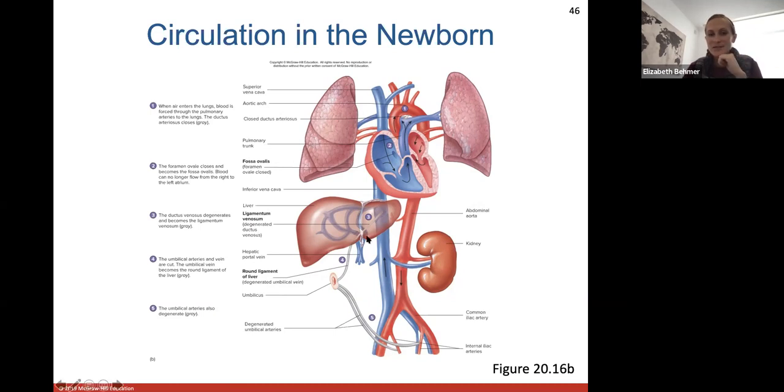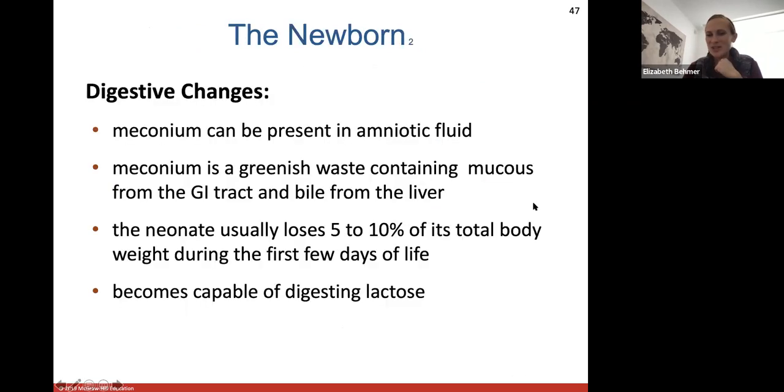The ductus venosus degenerates and becomes a ligament, shown here, number 3, so blood will go to your liver now. And then the umbilical arteries and veins are cut when they cut the cord, and the umbilical vein becomes the round ligament of the liver, and the umbilical arteries also just degenerate. So it's interesting how everything becomes a part of the liver or goes on to have a purpose. So that's a little bit of circulation in the newborn.